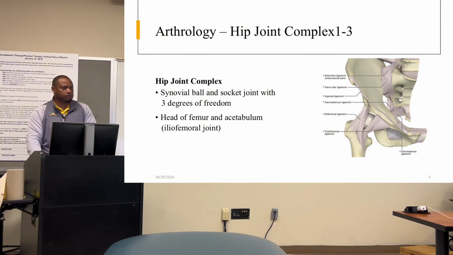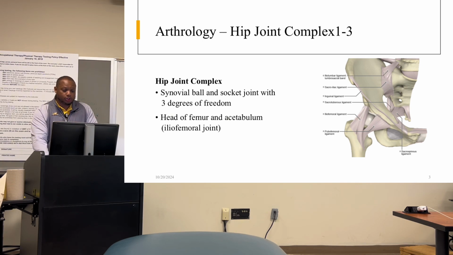Why is that? Structure. The structure drives the function. The orientation and size ratio of the femoral head and the acetabulum in itself contribute to that joint being more stable than our shoulder joint.